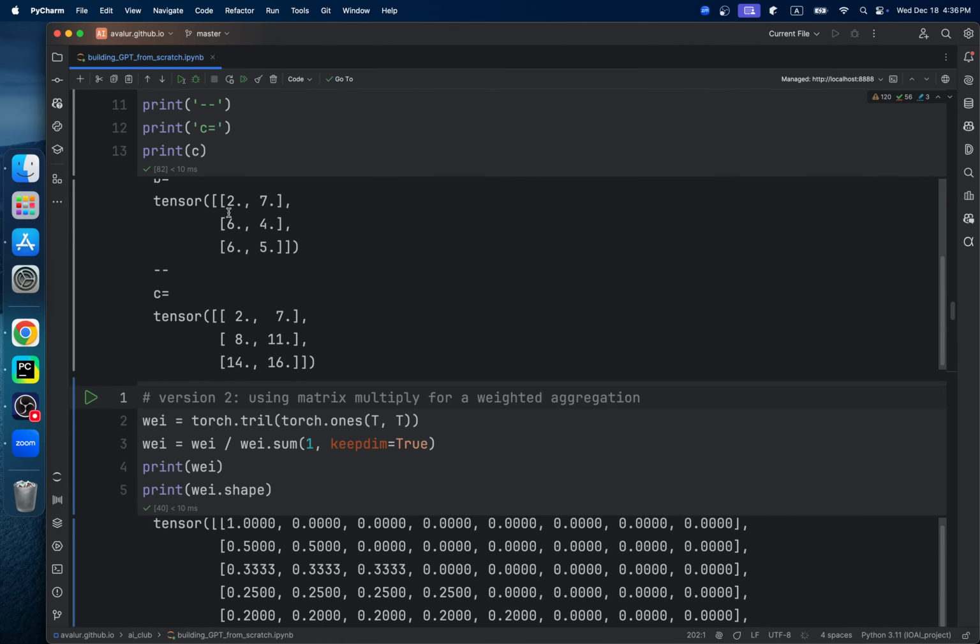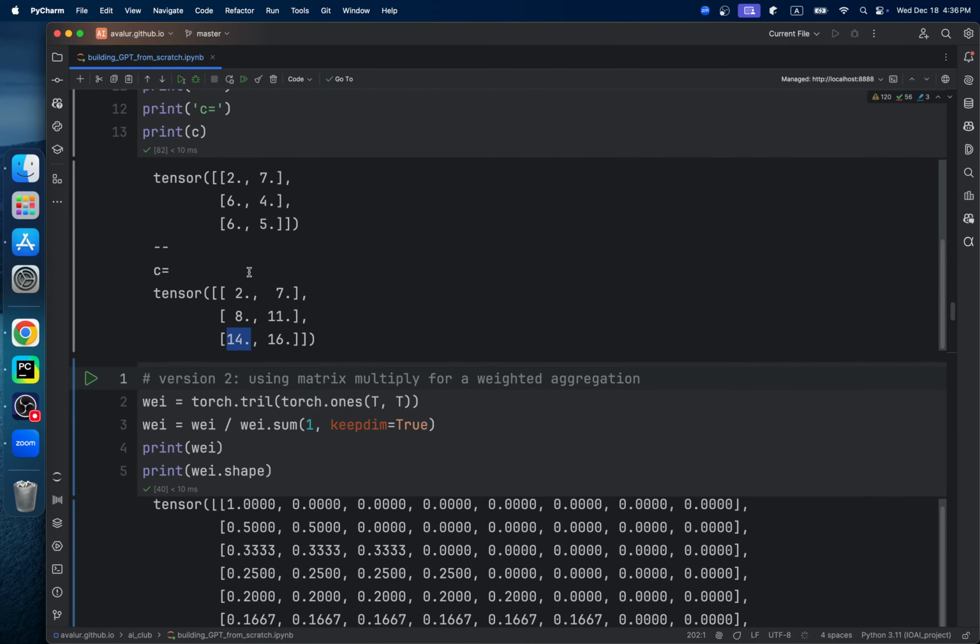So the first operation is not changing the first row. It is 2, 7, 2, 7. Then the second operation simply adds the first 2 components. So 2 plus 6 is 8, and 7 plus 4 is 11. And then the third operation is the sum of all the components along the dimension, along the columns.